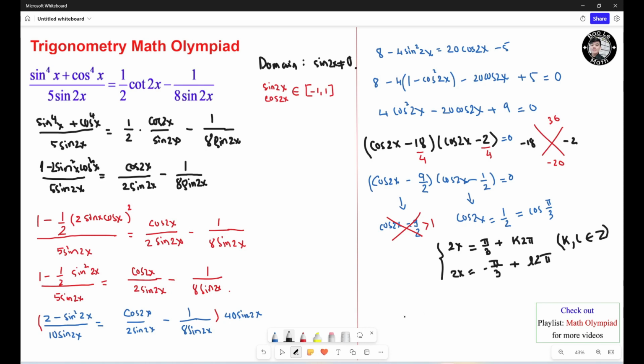Now we simplify by dividing both sides by 2, so x = plus or minus pi/6 + k pi, where k is an integer.